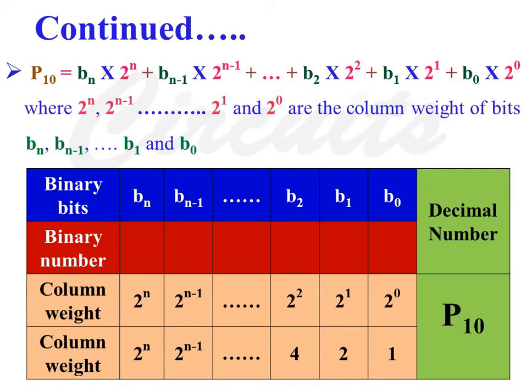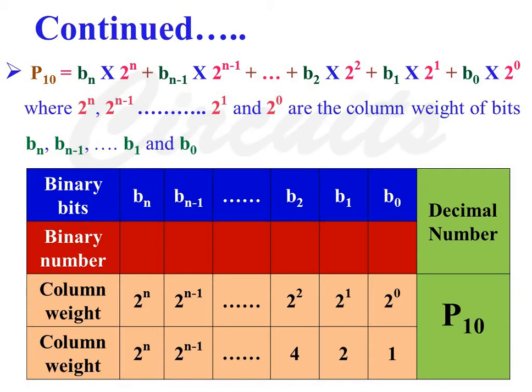So this is the table using which we can convert the binary number to decimal number. The first row in the table represents the binary bits like B3, B2, B1, B0. Then the second row represents the binary number. Then the third row is for column weight of the binary number as powers of 2.